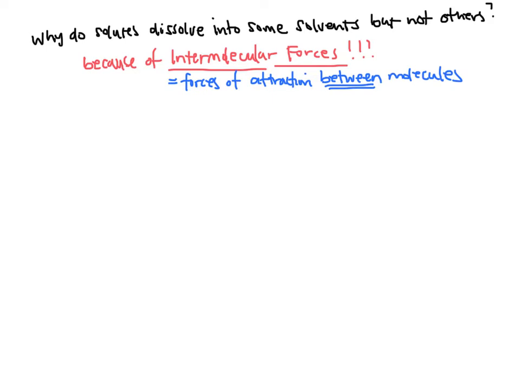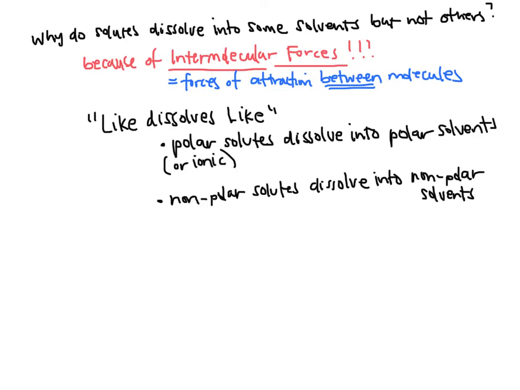If you remember, we talked about this before, this term like dissolves like. That's where polar solutes will dissolve into polar solvents, or ionic solutes will dissolve into polar solvents, and then nonpolar solutes tend to dissolve into nonpolar solvents.